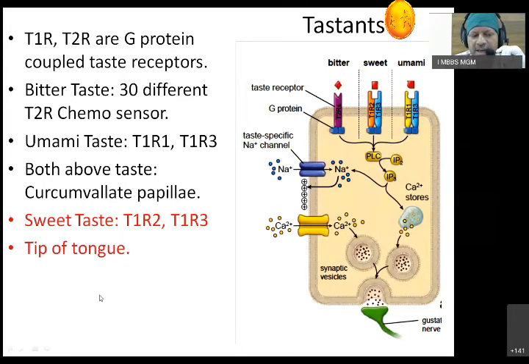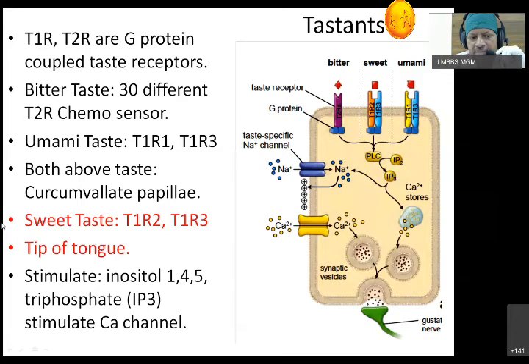The tip of the tongue, the fungiform papillae, stimulate this. Once the G protein is stimulated, it goes into the inositol 1,4,5-triphosphate pathway. Once IP3 is stimulated, it increases calcium coming inside, creating depolarization, which stimulates the gustatory sensation.